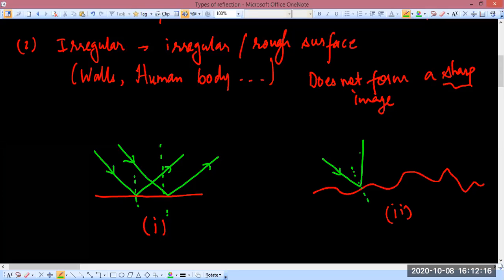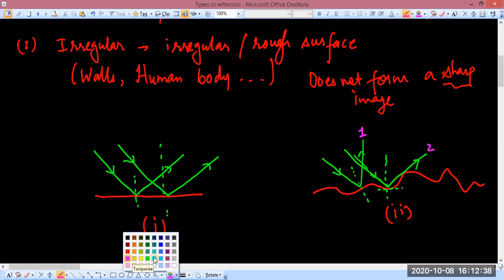Over here, see, the normal is in this direction, so one ray goes like this. But suppose there is another ray parallel to the first one. It falls like this, and here the normal is like this, so this ray will go in a different direction. Do you see that ray 1 and ray 2 are going in different directions? Every ray might go in a different direction.